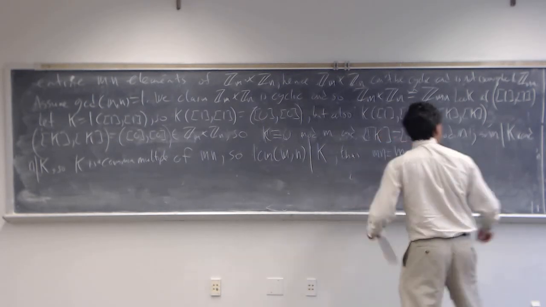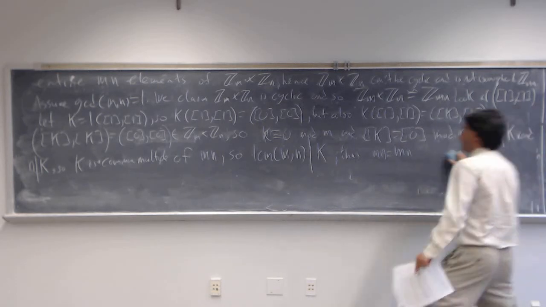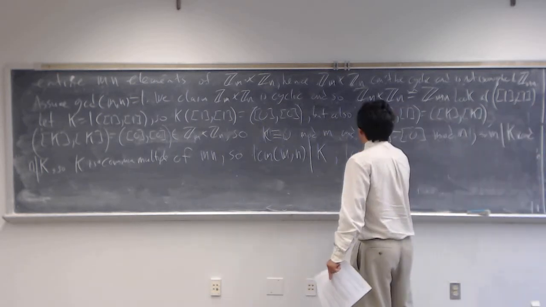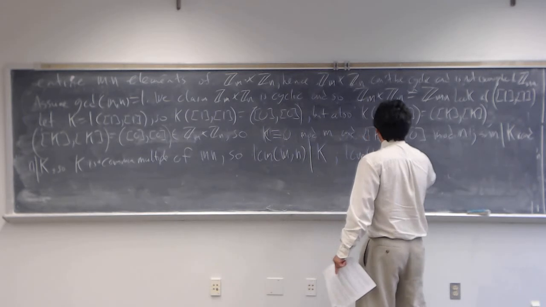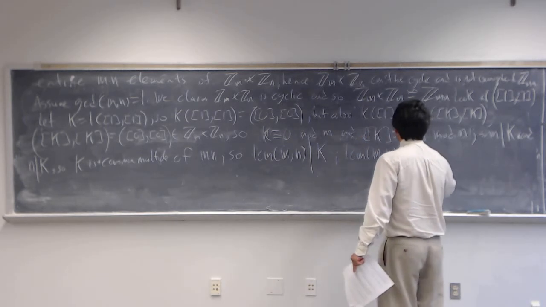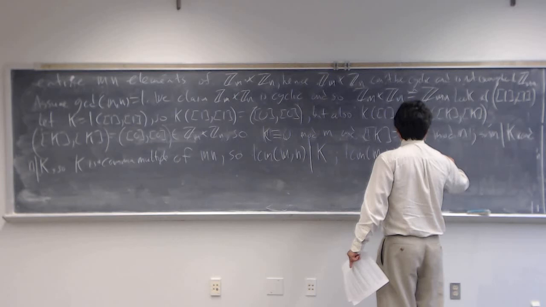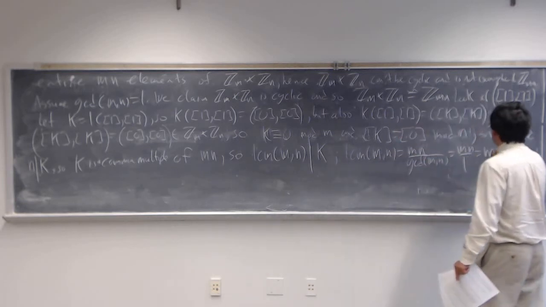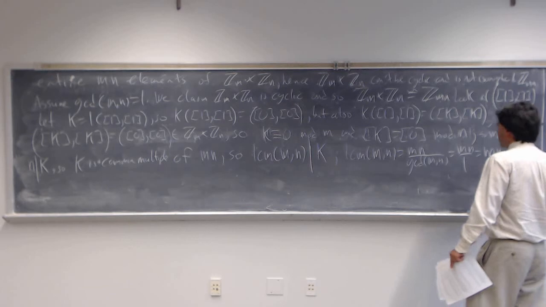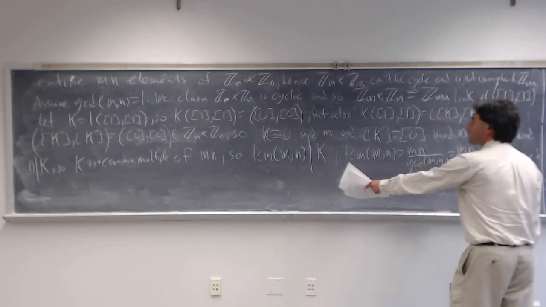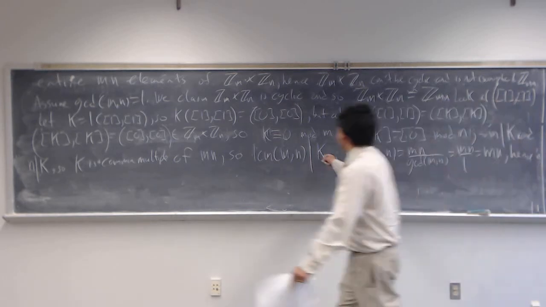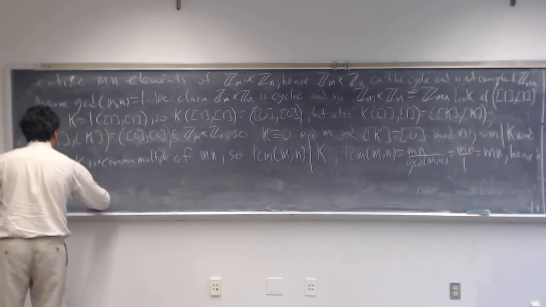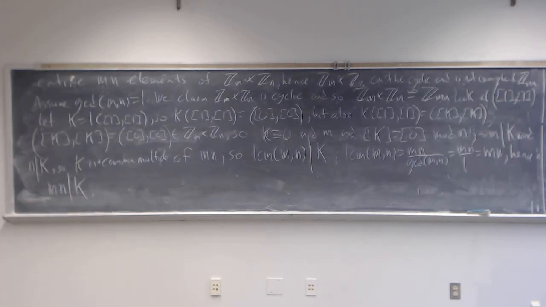The LCM of m and n, if you remember, was the product taking out the GCD of m and n. But by assumption, we're assuming that's equal to 1. So the LCM of m and n in this case is just m times n. So thus, mn divides k.